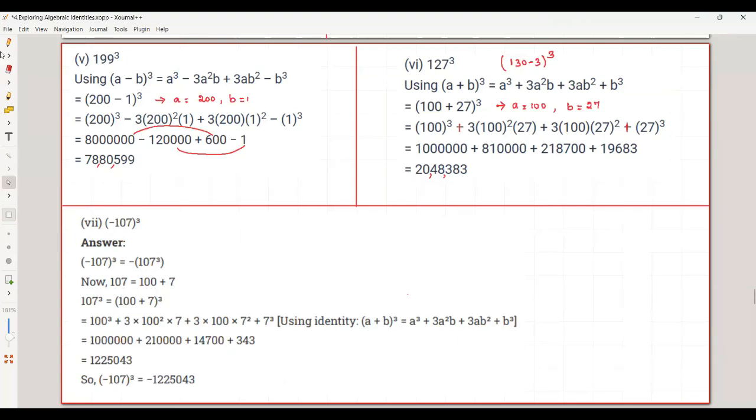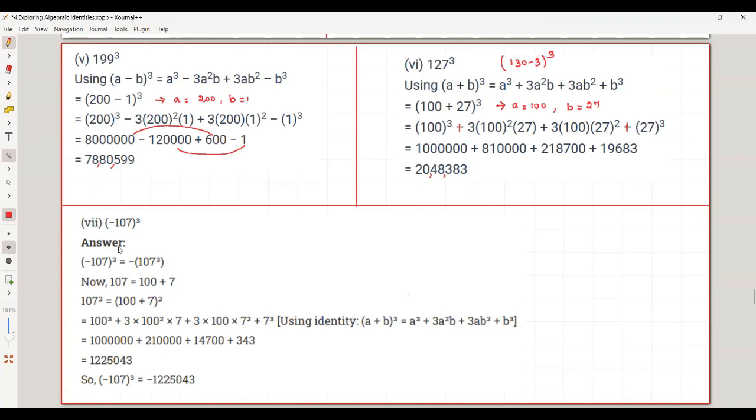Now 107 can be split into 100 plus 7. Okay, a is equal to 100, b is equal to 7. So use the formula a plus b the whole cube, which is a cube plus 3a square b plus 3ab square plus b cube. Expand everything, right?